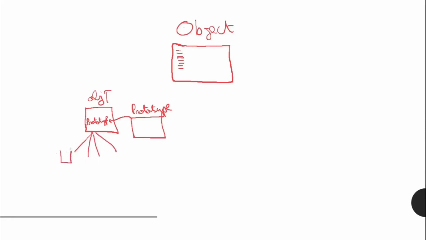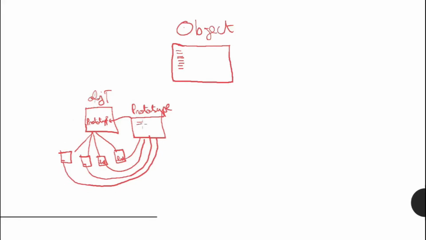So instead of copying code and putting it inside every object instance, we have a property called __proto__ that will reference this prototype. So you can put all the code that should be shared between all object instances in here. You can put all the functions or the variables that you don't want to be copied each time you create a new object. But even object types also have this property called __proto__.